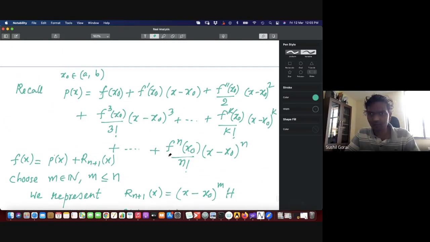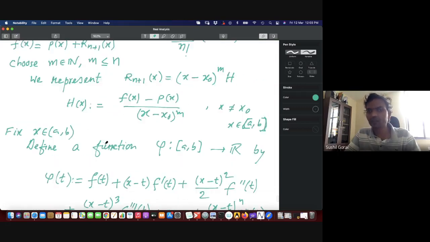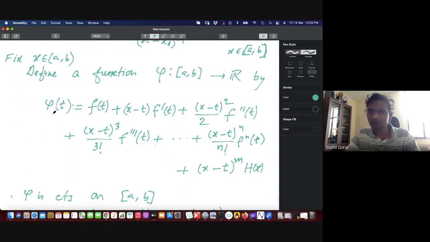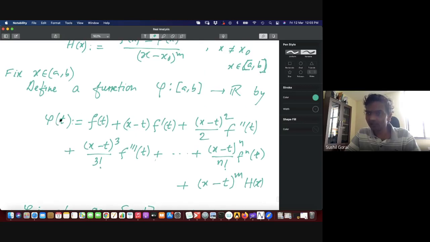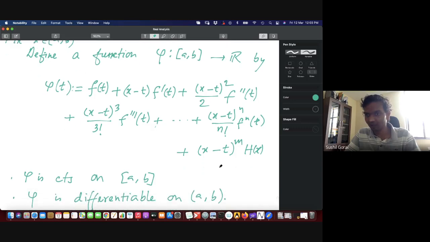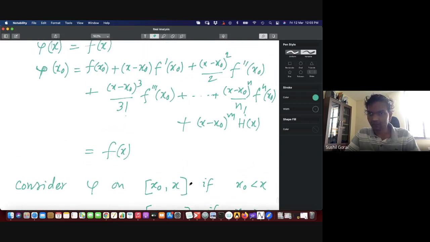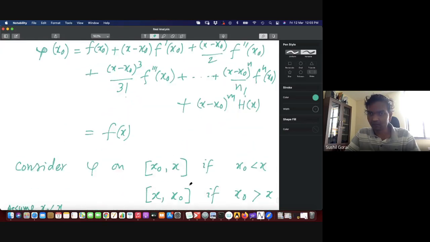We want to look at this one, right? f(x), which is p(x) plus R_{n+1}(x), right? So we need to look at t as x equal to x naught, and we need to find h here. Yeah, that is true.